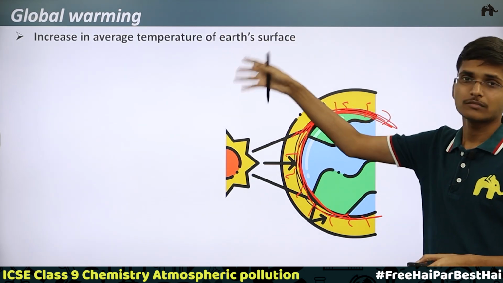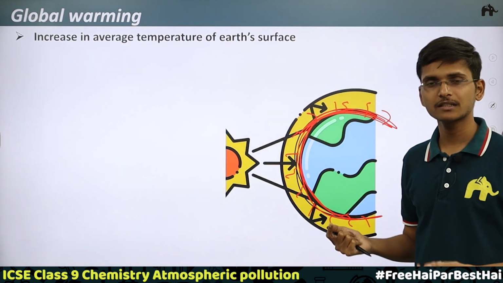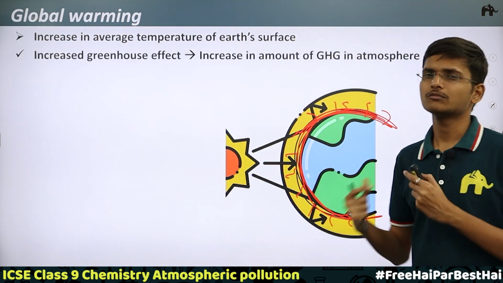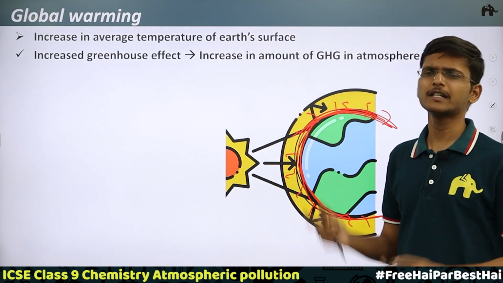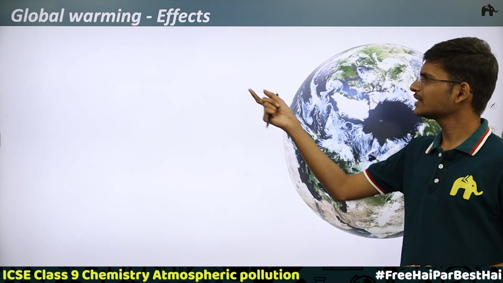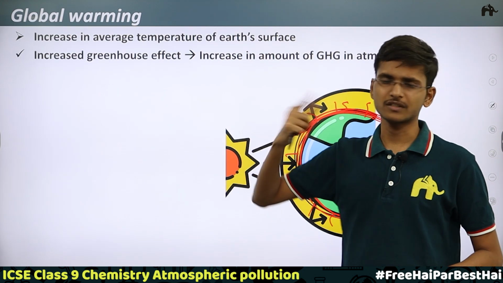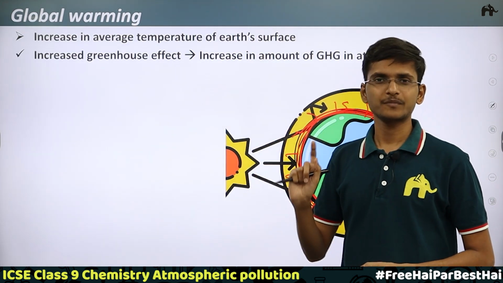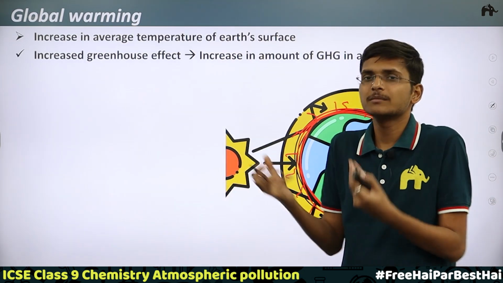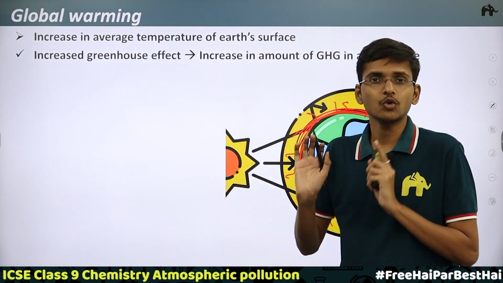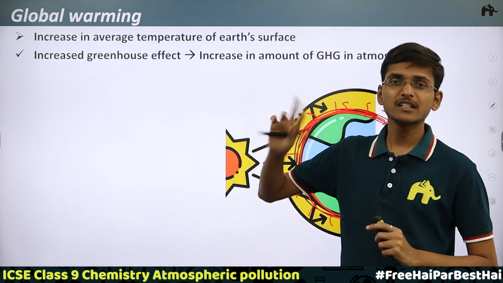So now you would say, sir, increased greenhouse effect is resulting in global warming. Yes. Now why would the greenhouse effect increase? Simply because of the increase in the amount of greenhouse gases. Because the greenhouse effect is simply the trapping of the infrared radiation given by the Earth when it gets heated up because of absorption of visible light from the sun. Who is absorbing this infrared radiation given by the Earth?